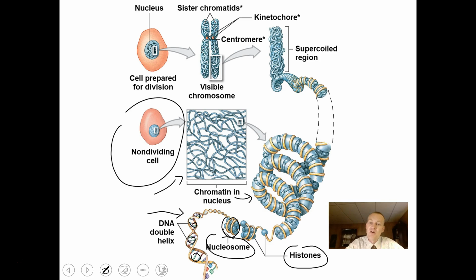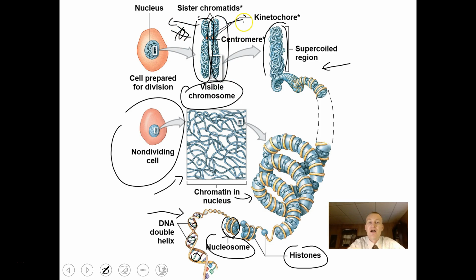When a cell goes through cell division, the DNA is supercoiled, that is, all the DNA is packed and supercoiled and organized into the structure that we actually call the visible chromosome. It helps it to be organized so that when you go through cell division, the chromosomes can be equally separated into different copies, which can go to different sides of the dividing cell.